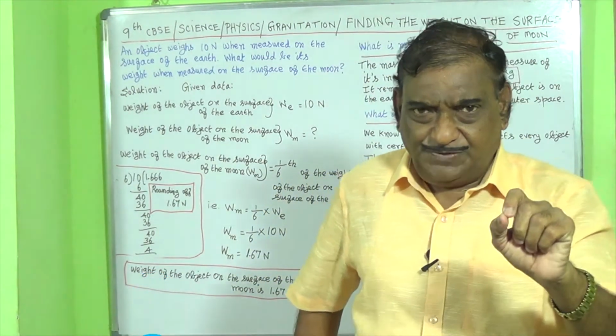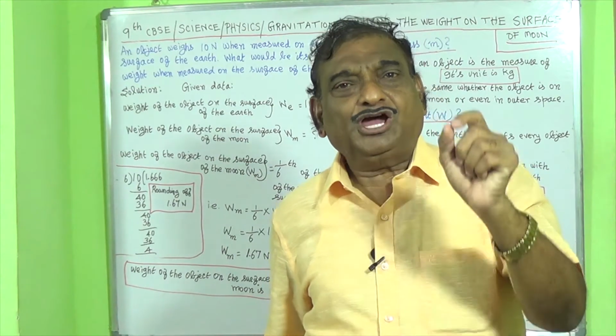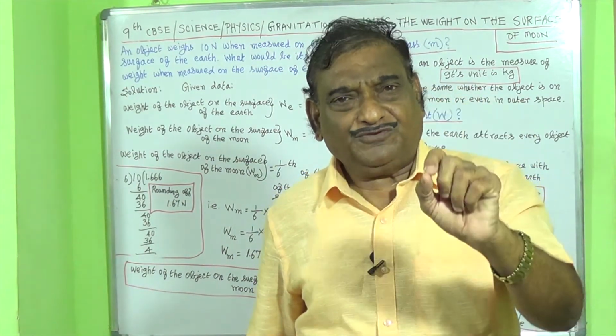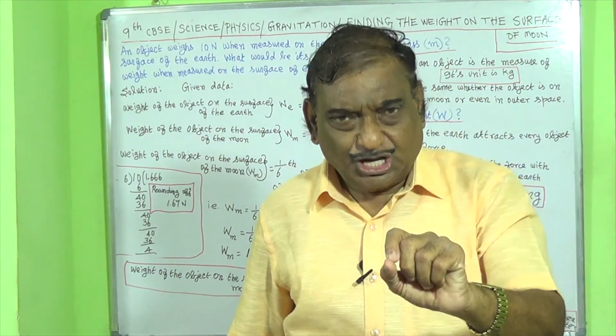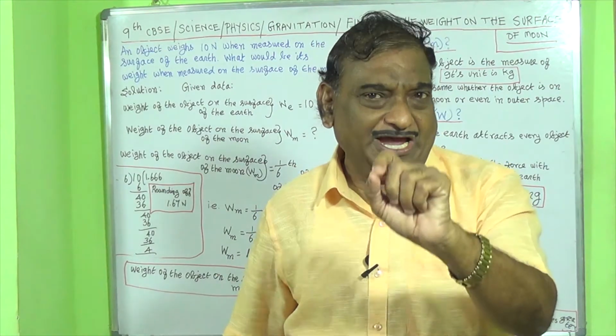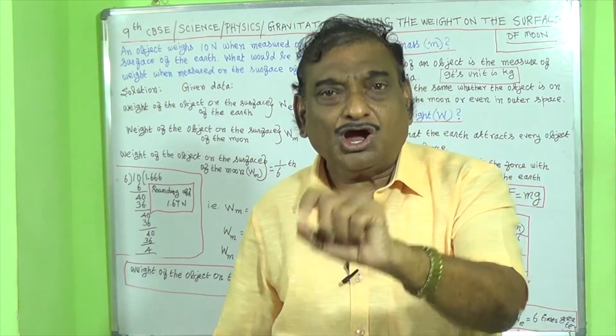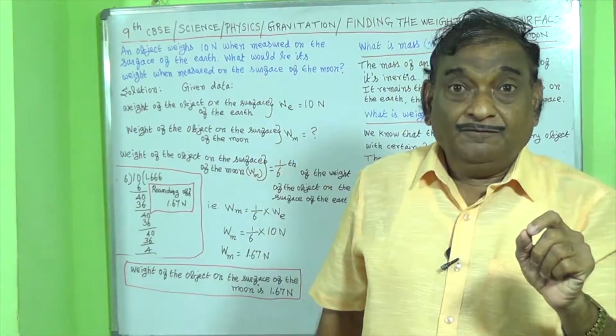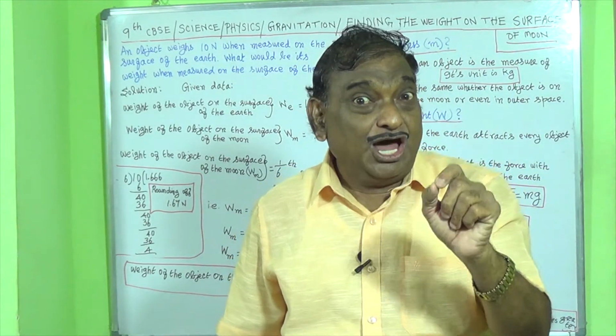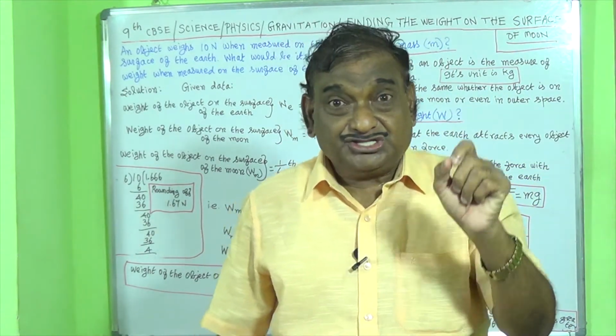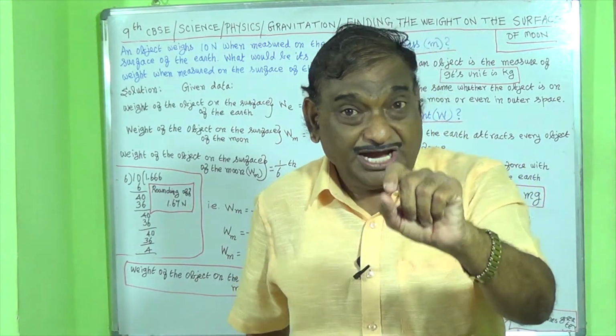We are going to see why the weight of the object on the surface of the moon is 1 by 6 times the weight of the object on the surface of the earth. We know the universal law of gravitation. What is the universal law of gravitation?